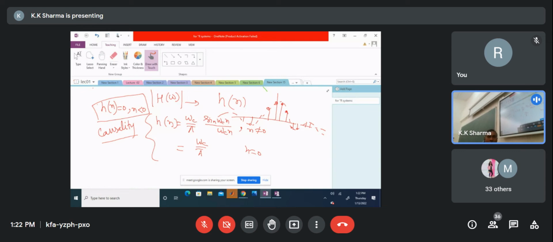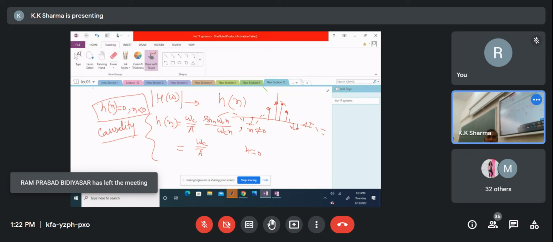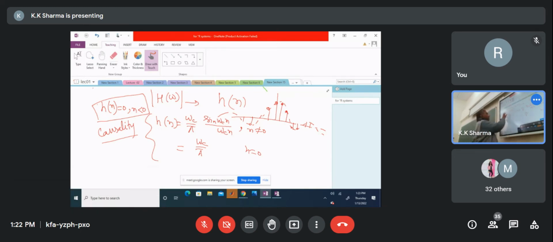Your impulse response means you have applied the impulse at n equal to 0, and your filter is giving output even before n equal to 0. That is not possible physically. The physically realizable low pass filter will demand that your impulse response is 0 for n less than 0, which is not the case. So we cannot realize this filter.